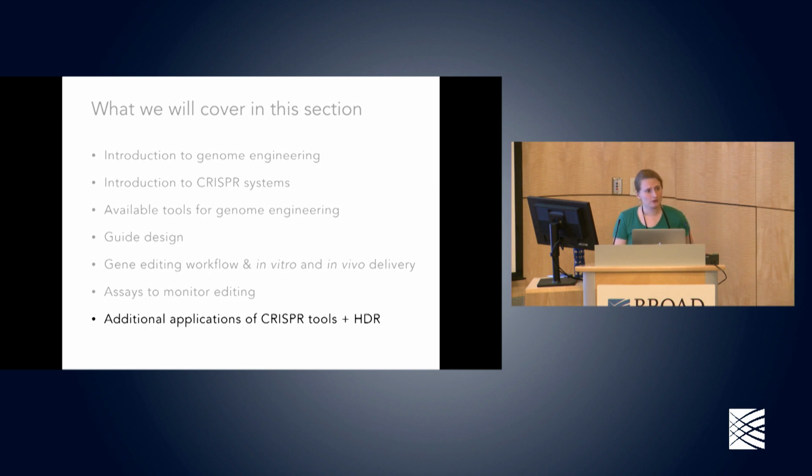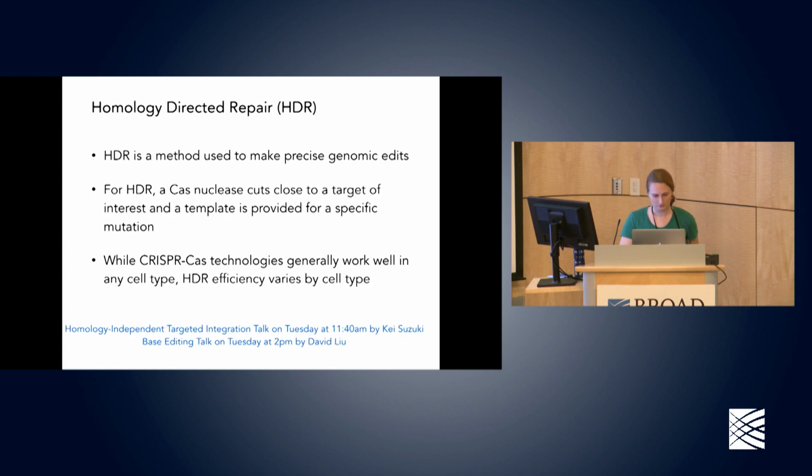So lastly, before I end the talk today, I'm going to briefly elaborate on some additional applications of CRISPR-Cas tools, and then give a few anecdotes about doing HDR using CRISPR-Cas. Using HDR is a very common thing to do when working with Cas9. You're trying to knock in a particular mutation or a selectable marker, for example.